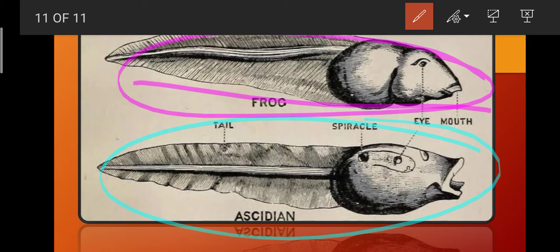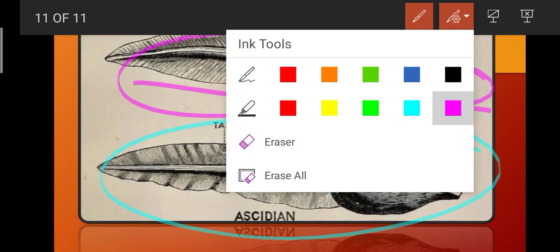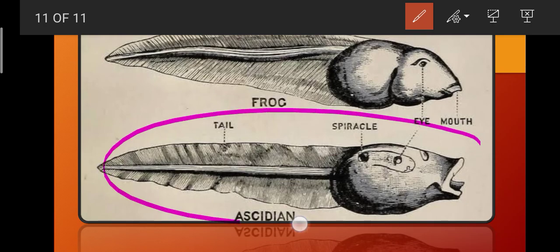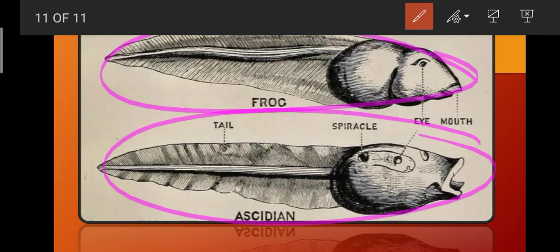They have a notochord, a nerve cord, and a post-anal tail. On the basis of these common features, Garstang and Berrill suggested that Ascidians or Urochordates might be the ancestors for cephalochordates as well as for vertebrates.